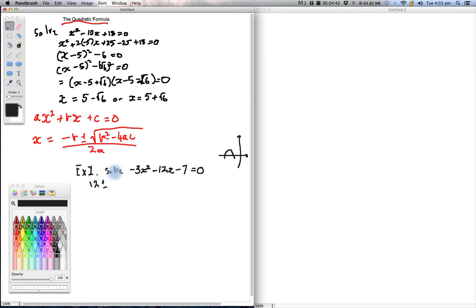Okay, so b squared, minus 12 squared, is 144, minus 4 times a, which is minus 3, times c, which is minus 7. All of that divided by 2a, 2 times minus 3.